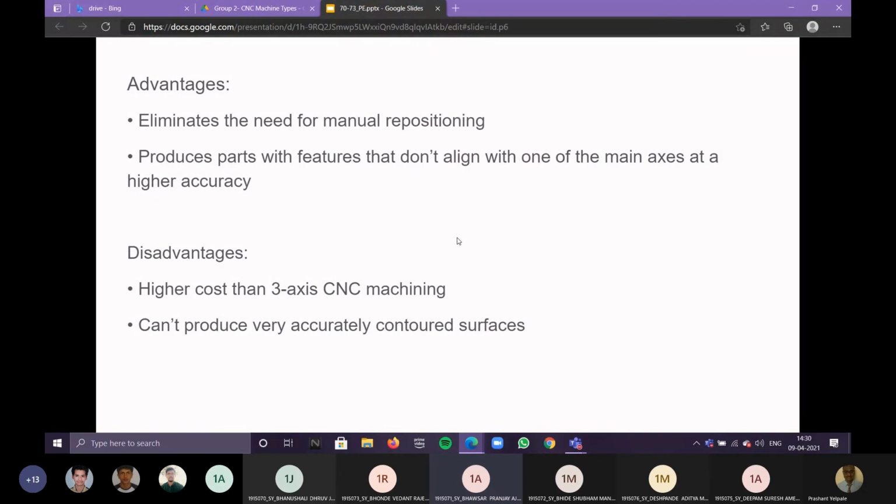This machine can produce higher accuracy workpieces with high efficiency and with a lot of ease. There are certain disadvantages too: its cost is higher than 3-axis CNC machining, and it cannot produce curving contact surfaces very accurately.